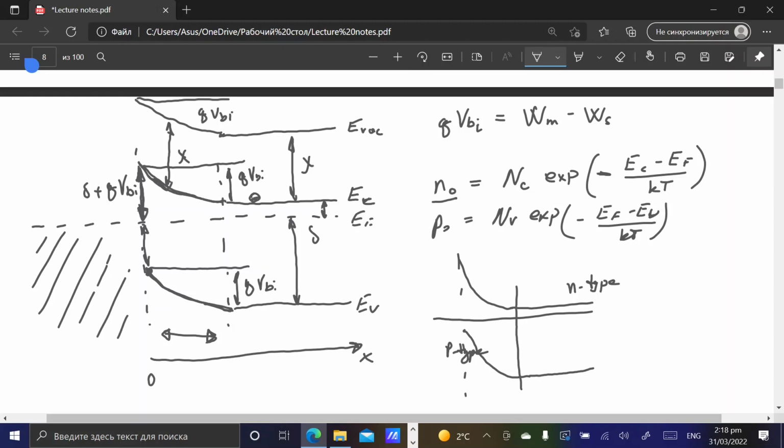Moreover, the thickness of this layer will depend on the applied external bias. When we apply forward bias, when we reduce the potential barrier for electrons, it means that we apply negative potential to the semiconductor and positive to the metal. So the external electric field goes in the opposite direction to the internal electric field.